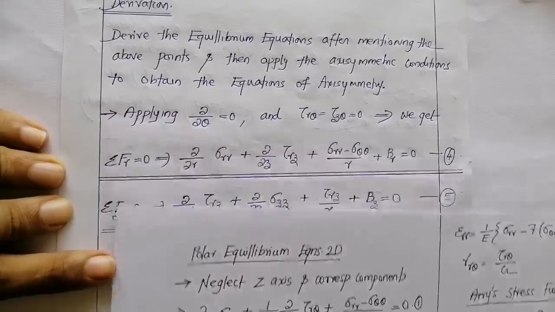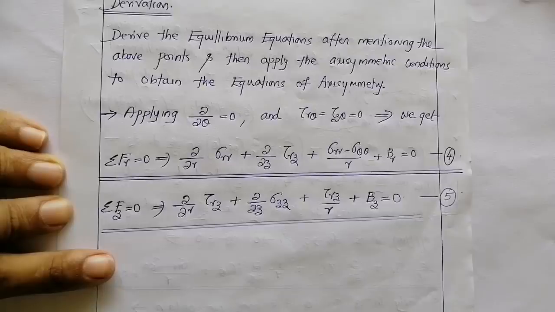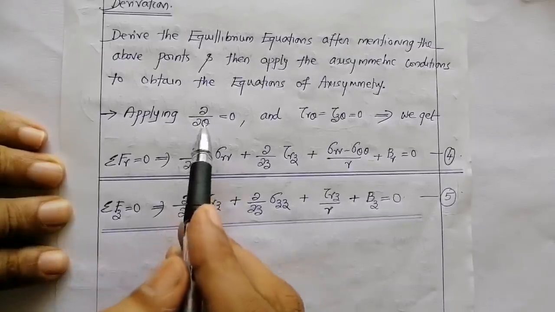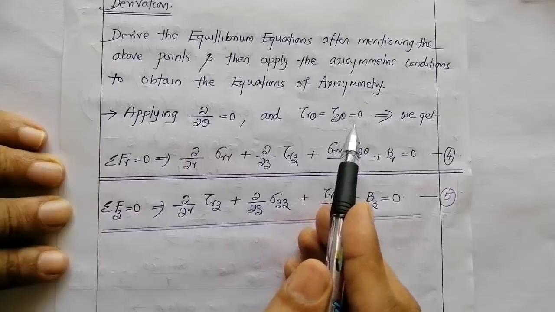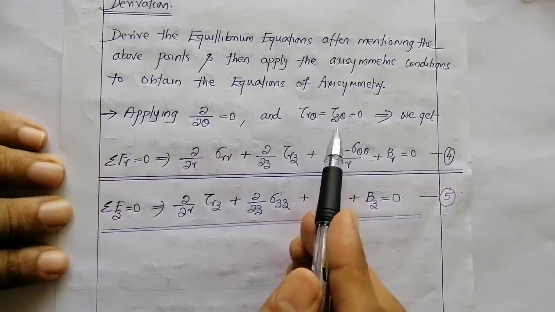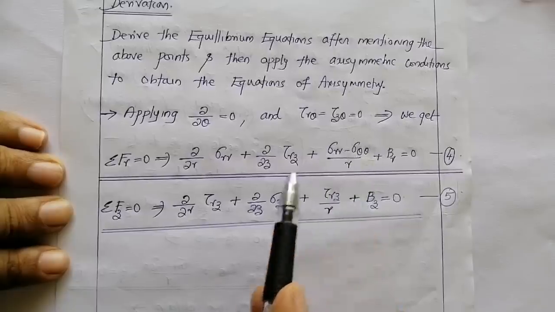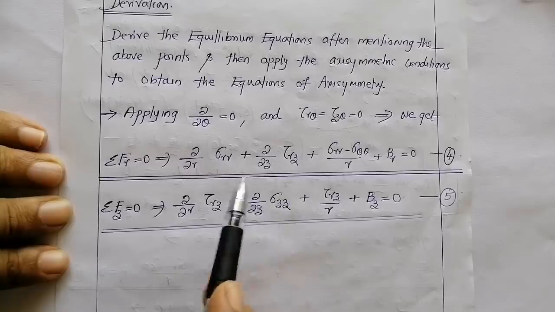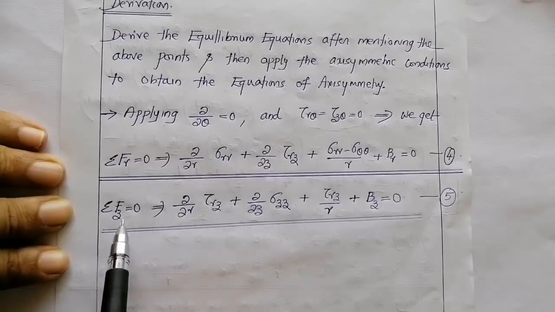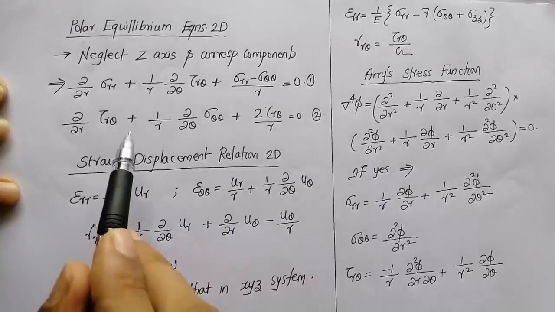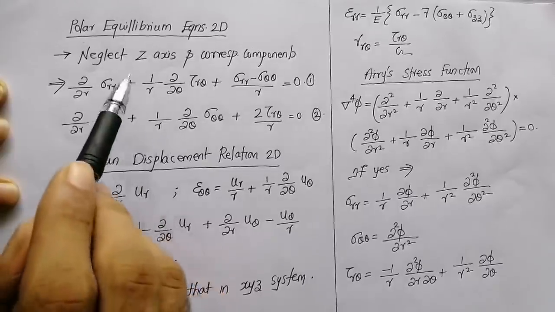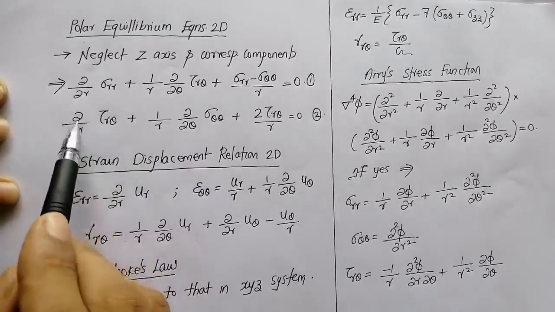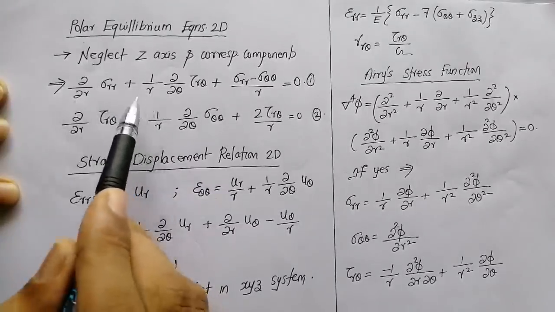Now, axisymmetry is a special case of 2D, not the general case of 2D, in which ∂/∂θ = 0 and τ_rθ = τ_zθ = 0, and you apply these to the 3 general equations, so that the equation along the theta direction will vanish and you will get the equations along r direction and z direction only. We have already discussed the equilibrium equations in 2 dimensions, where we neglect the z axis and the corresponding z components to get 2 equilibrium equations in 2D.